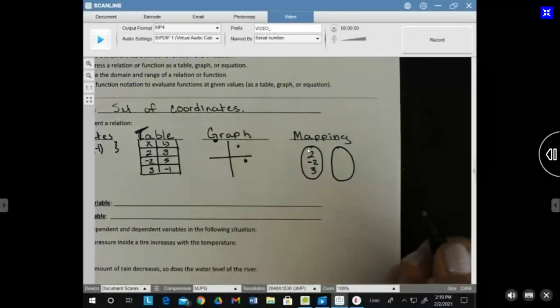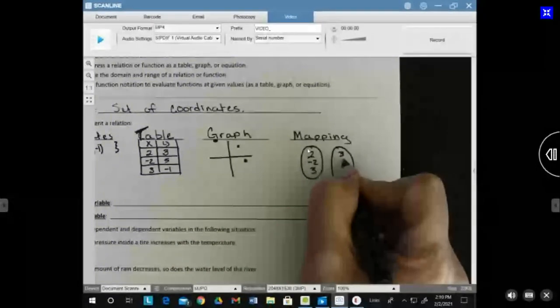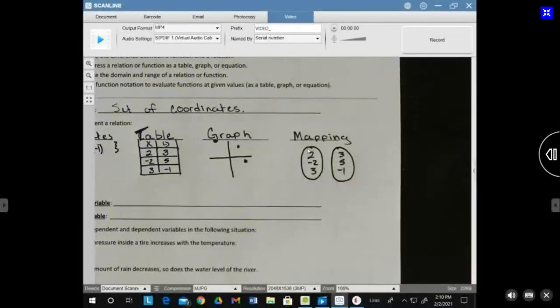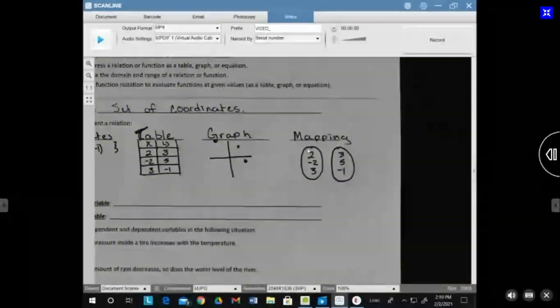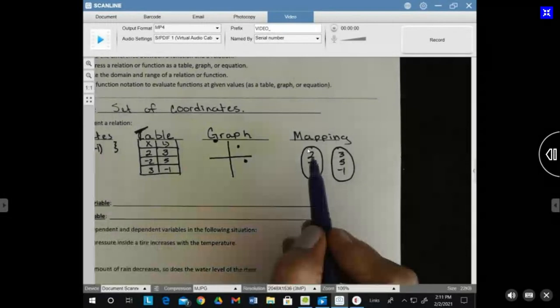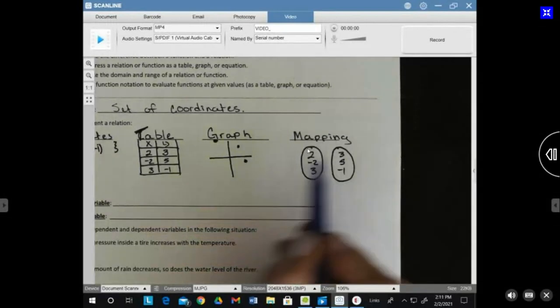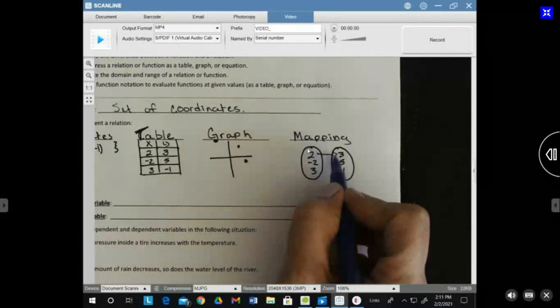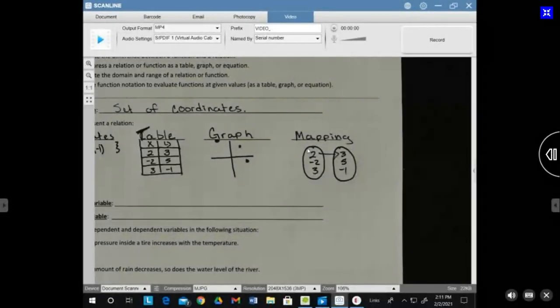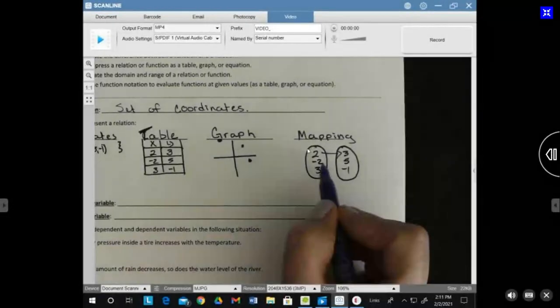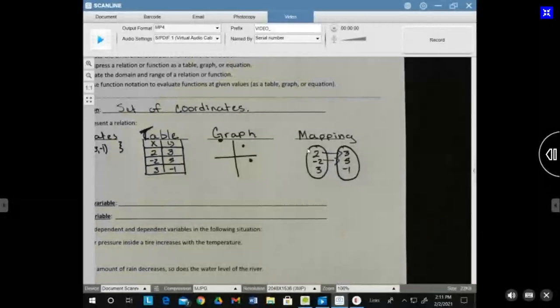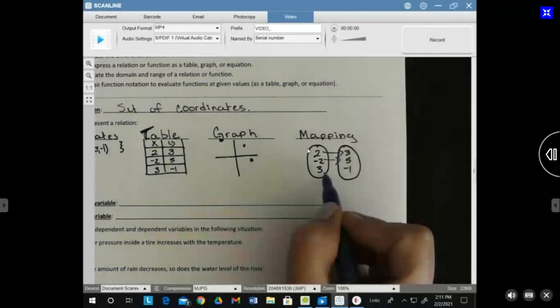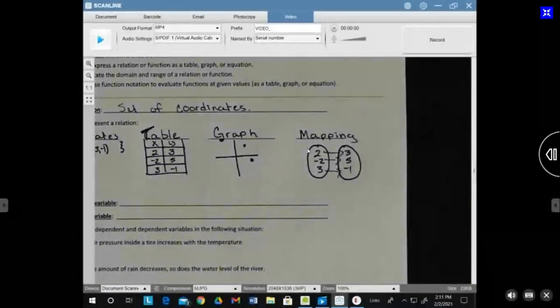My y's are 3, 5, and -1. Now that's not the mapping. The mapping is the arrows I'm going to draw, right? This 2 here belongs to the 3 because it's the coordinate 2, 3, right? So I'm going to draw an arrow from the 2 to the 3. From the -2 to the 5, and from the 3 to the -1.